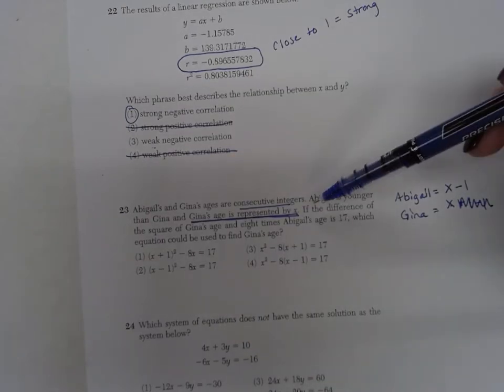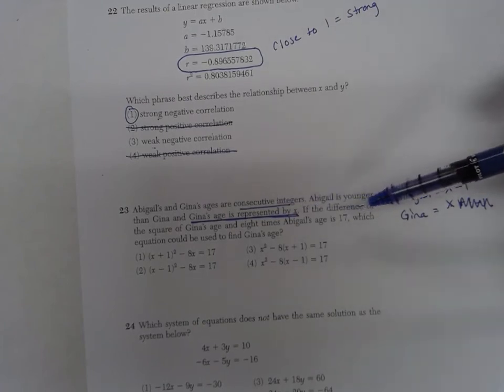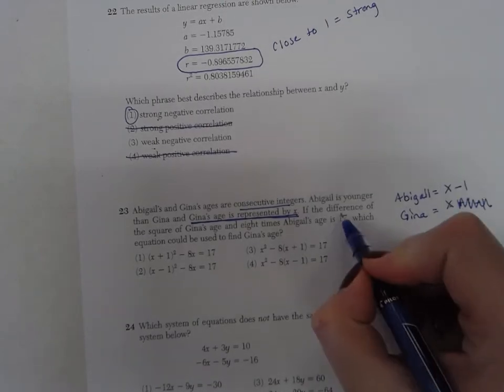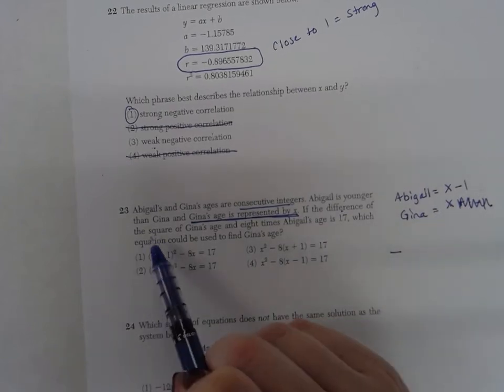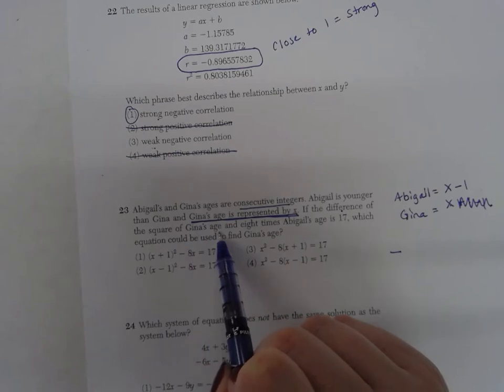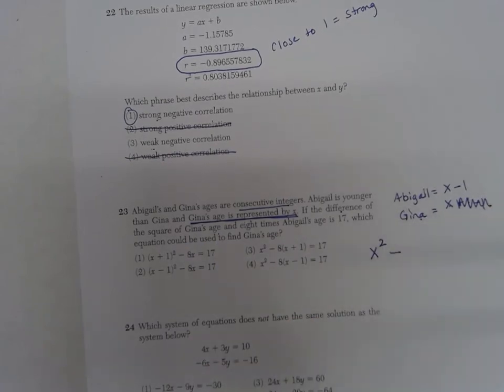If the difference of the square of Gina's age and 8 times Abigail's age is 17, which equation could be used? Oh my goodness, so now we're translating. Difference, I need subtraction. The square of Gina's age. Gina is x, I have to square it.